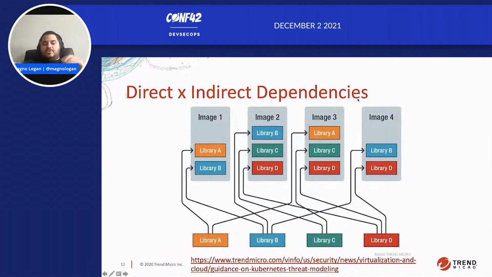And there is another issue, which I think was mentioned earlier in this conference as well, right? You have the direct dependencies, which are the libraries that you import right in your code. But there are also indirect or transitive dependencies, and that's an even bigger problem, right? I have a library that imports another library from third-party code, and that imported library is the one that's vulnerable or outdated.